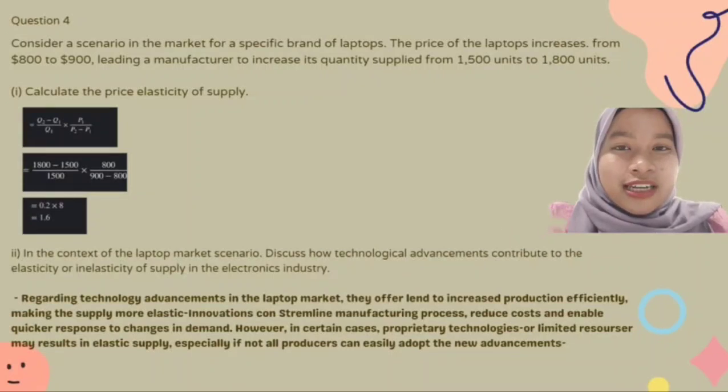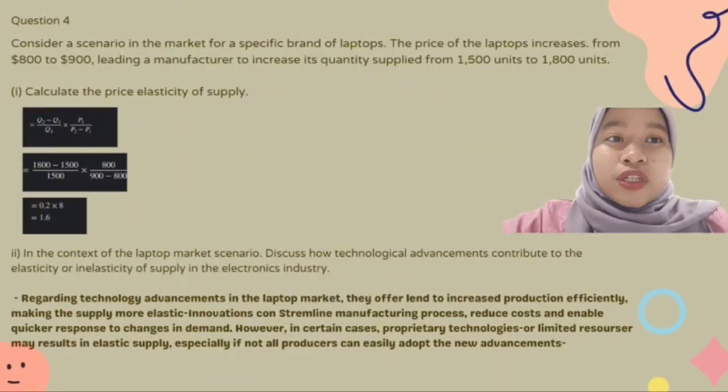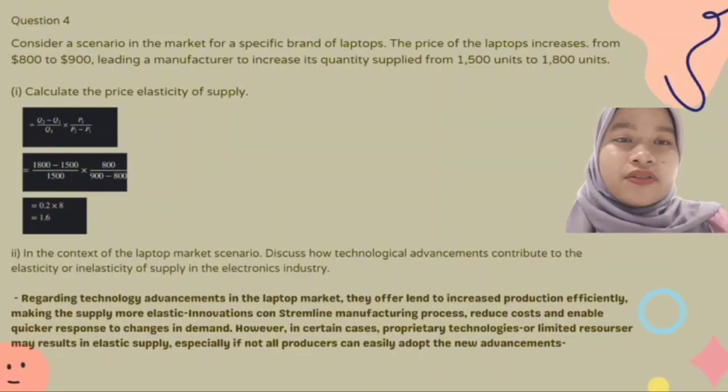We will proceed to the last question, question 4. Consider a scenario in the market for a specific type of laptop. The price of the laptop increased from $800 to $900, leading a manufacturer to increase its quantity supplied from 1,500 units to 1,800 units. For the first question, calculate the price elasticity of supply.